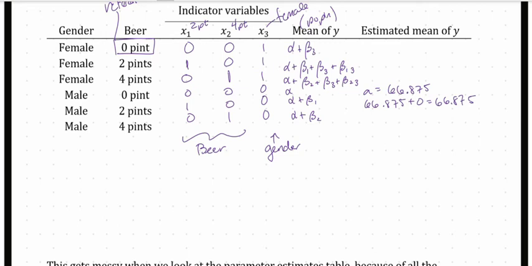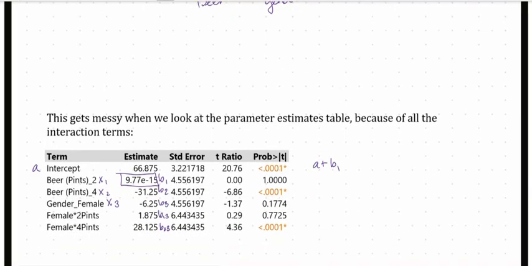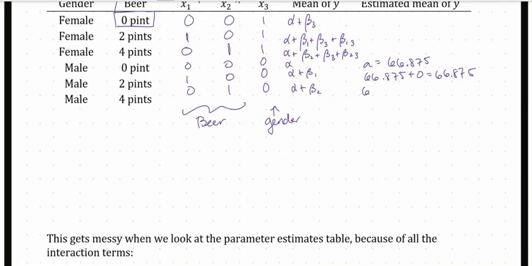So on average, males who drink 0 and 2 pints of alcohol are talking to people with basically the same level of attractiveness. Now, for males who drink 4 pints, in the population, there should be a change on average of beta 2. In our sample, there is going to be a change between 0 and 4 pints of B2. So we're going to have to look at A and B2. A, as we know, is 66.875. B2 is negative 31.25. So this is going to be 66.875 minus 31.25.